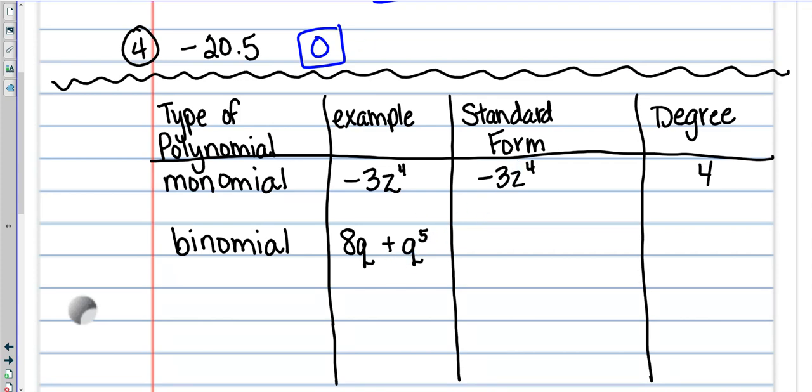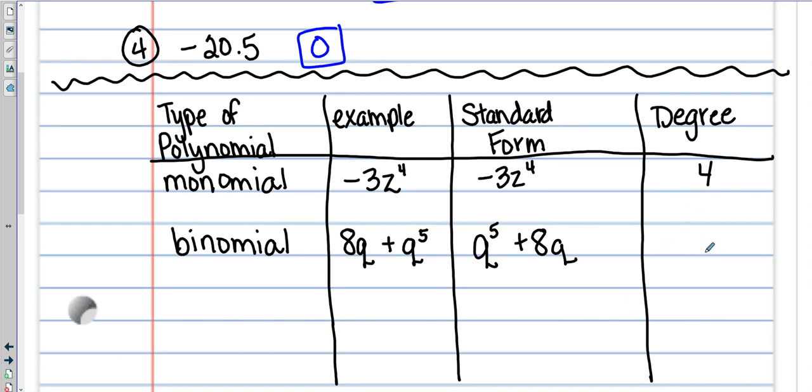Now, in order for it to be in standard form, we have to make sure that the degrees are in order from greatest to least. So here I see a 1, and then here I see a 5. So the degree of each variable, we're going to put them in order from greatest to least. That means that q to the 5th would be first, and then 8q would be next. So this is in standard form.